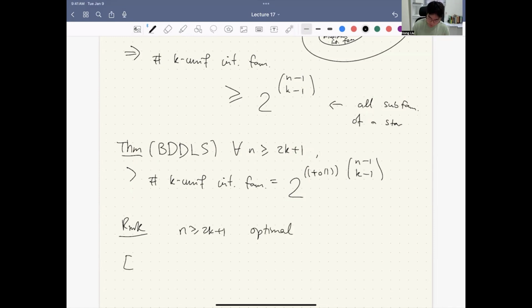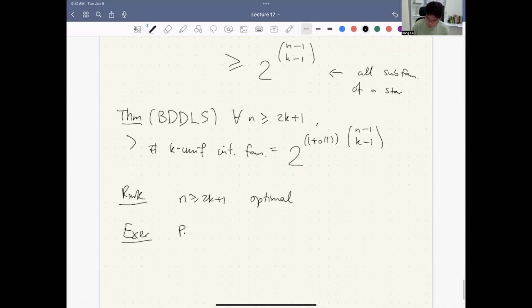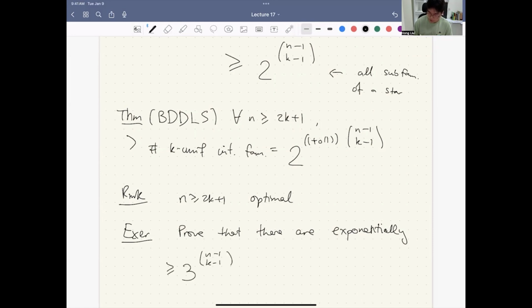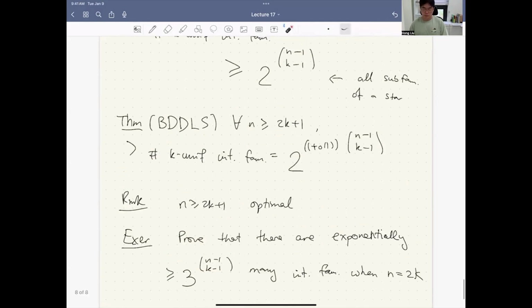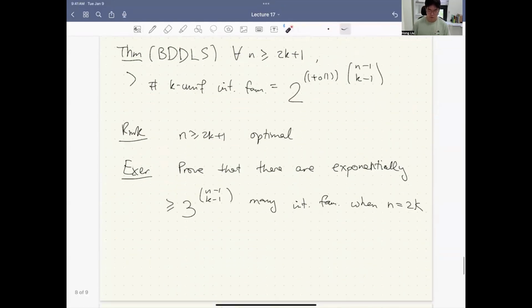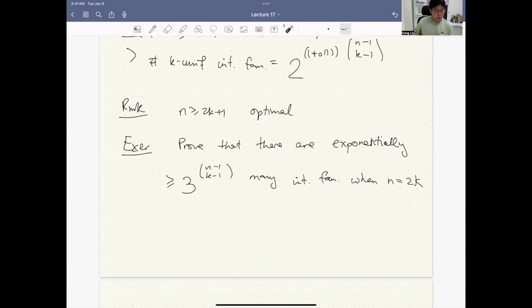I will leave it as an exercise to prove that there are exponentially more, actually at least 3 to the n-1 choose k-1 many intersecting families when n equals 2k. 3 to this is obviously exponentially larger than 2 to this. Okay, this is an exercise.